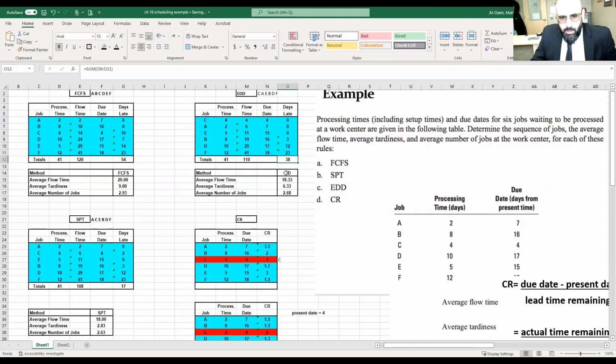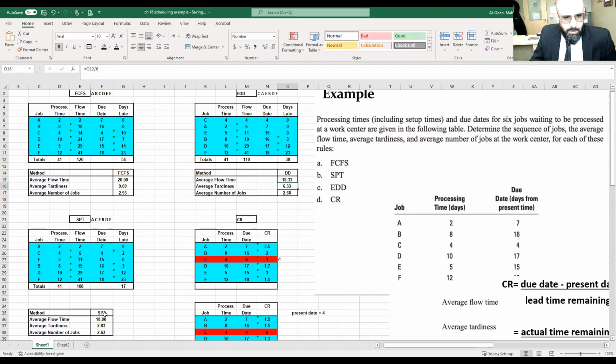Now let's take a look into these 3 parameters: the average flow time, tardiness, and average number of jobs. You divide the flow time by 6, 110 by 6, and that gives 18.33.